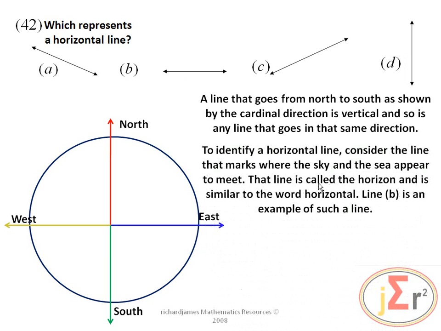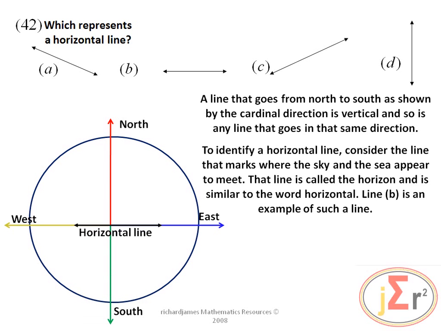To identify a horizontal line, consider the line that marks where the sky and the sea appear to meet. That line is called the horizon and is similar to the word horizontal. As a matter of fact, they have the same root word. Line B is an example of such a line.